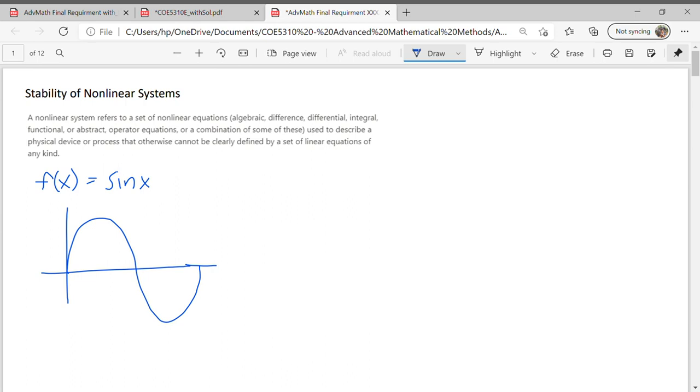So how can we get its linear form? By using a Taylor series expansion.